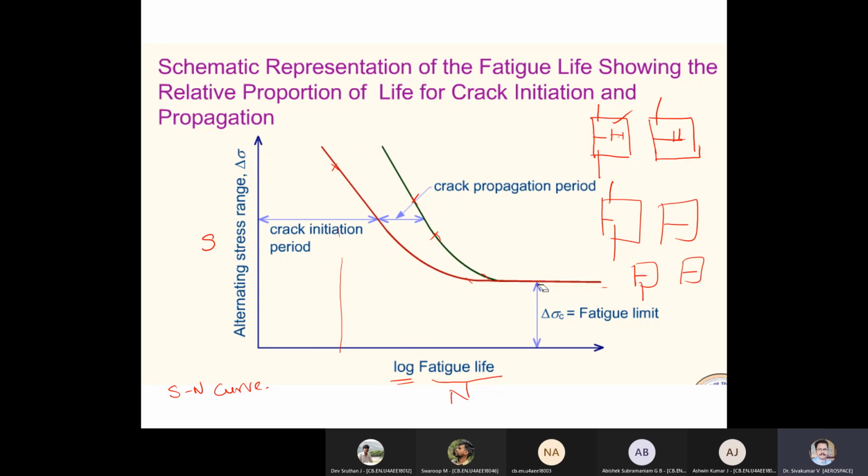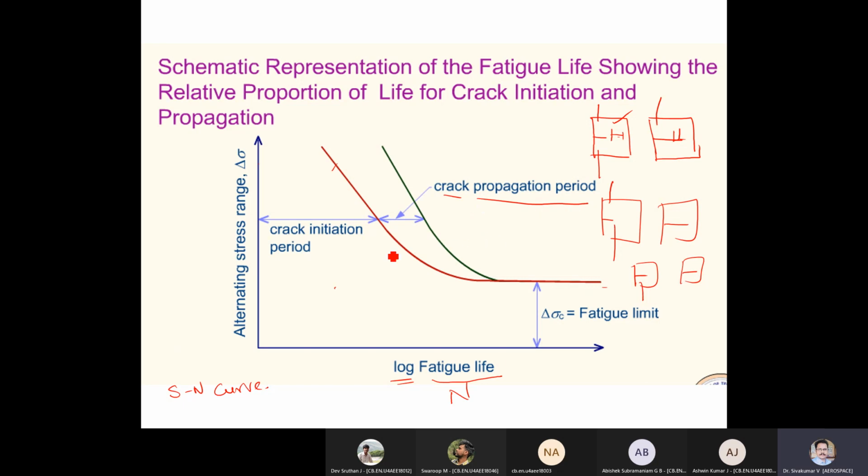First of all, you have to understand how they have created this graph. I told you how they created this particular graph. The next item, what we can infer from the graph. You can see here, crack propagation period.